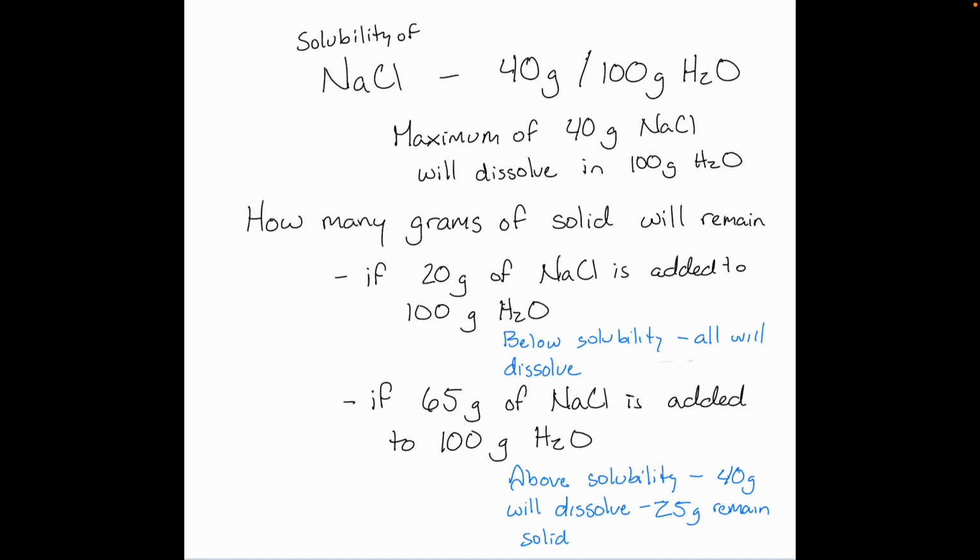Typically, water is one of the solvents. Sometimes they have other solvents listed as well, like 15 grams of methanol will dissolve in 100 grams of acetone, whatever it may be. For each chemical, you can look up what its solubility is for various solvents.